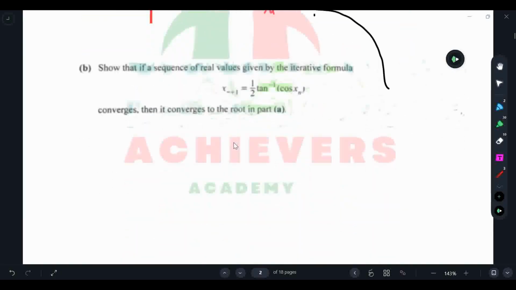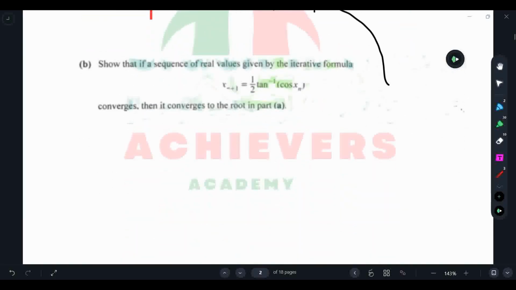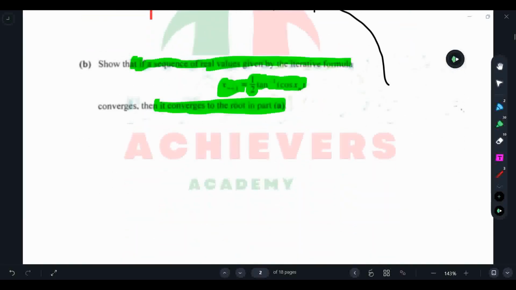Let's move to the next part, the B part. Show that if a sequence of real values given by the iterative formula converges, then it converges to the root in part A. So the very first step is remove these things, x power n and x power n plus 1. So we can write the equation as 1 by 2 tan inverse of cos of x.